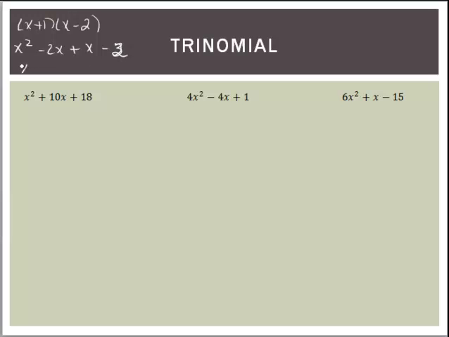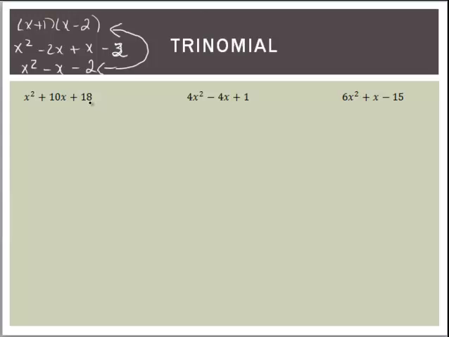And then combine like terms, x squared minus x minus 2, you end up with a trinomial. So whenever you factor a trinomial, you're trying to go back to what it was before you multiplied it out. That's pretty much what factoring is, unmultiplying it.